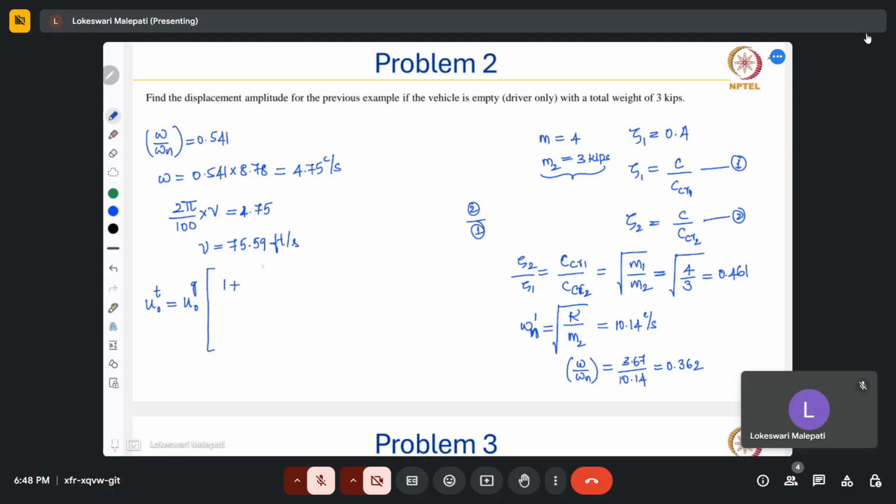One plus 0.461 multiplied by 0.362, the whole square, divided by 1 minus 0.362 the whole square, plus 0.461 multiplied by 0.362 the whole square, whole power 1 by 2.